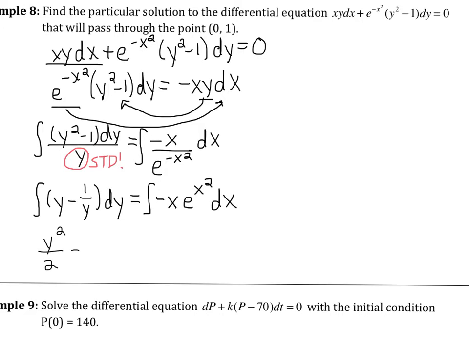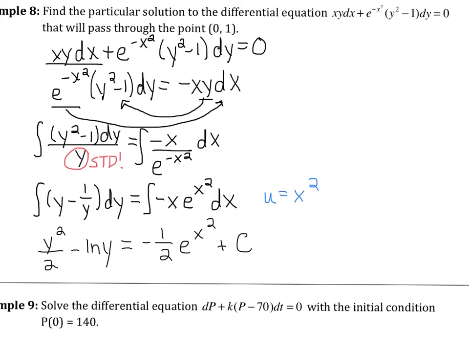The antiderivative of 1 over y is natural log y. And then on the right, this expression can easily be handled with a u substitution, with u equal to x squared. And when you do that, you would get negative 1/2 e to the x squared and then plus c.